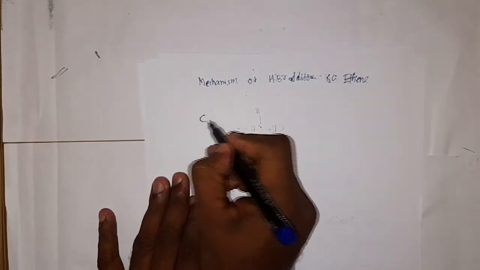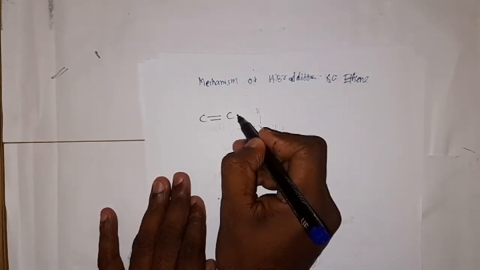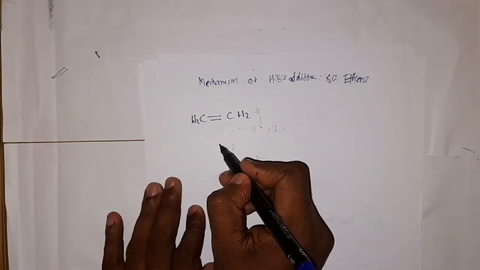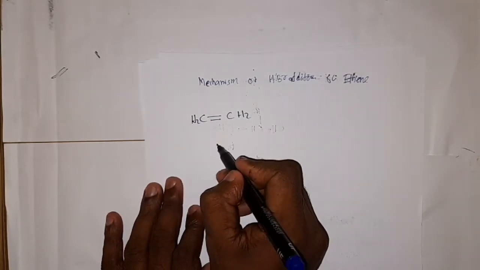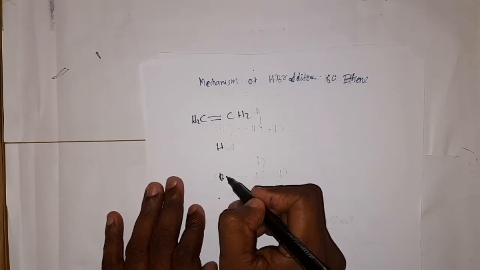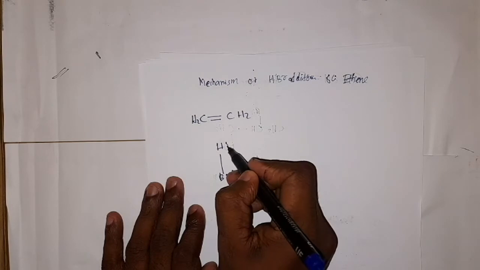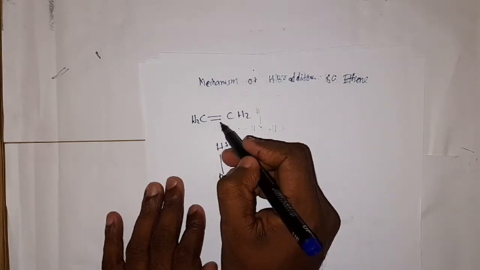Ethene means C double bond C, here H2, hydrogen, and HBr. Considering HBr, here hydrogen and here Br are polarized as delta plus and delta minus, with Br negatively charged.